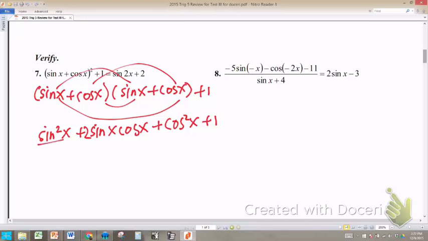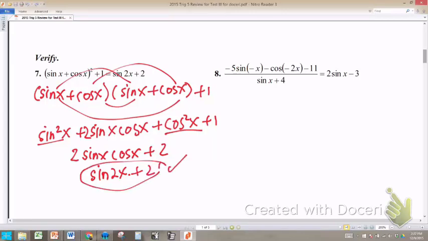Then I know that sine squared of x plus cosine squared of x is 1, and 2 sine cosine is a double angle, so that's sine of 2x plus 2.